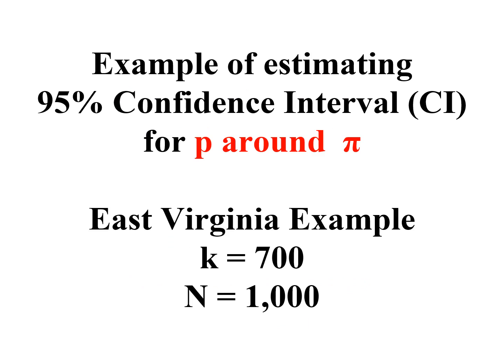We're going to use the same example that we've used in the last couple of classes, where we're looking at West Virginia voters and how they plan to vote, with 700 groups, each group containing 1,000 individuals.